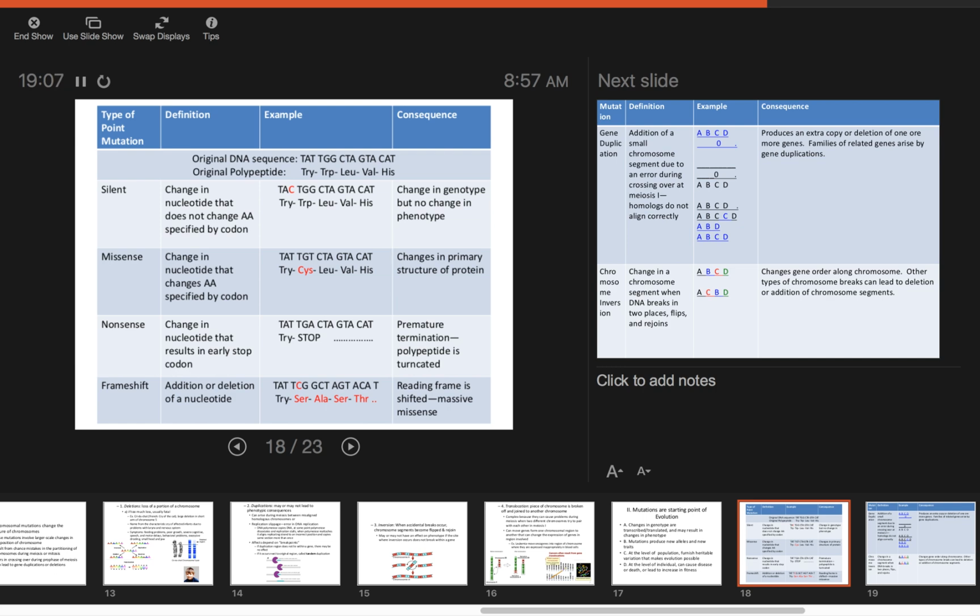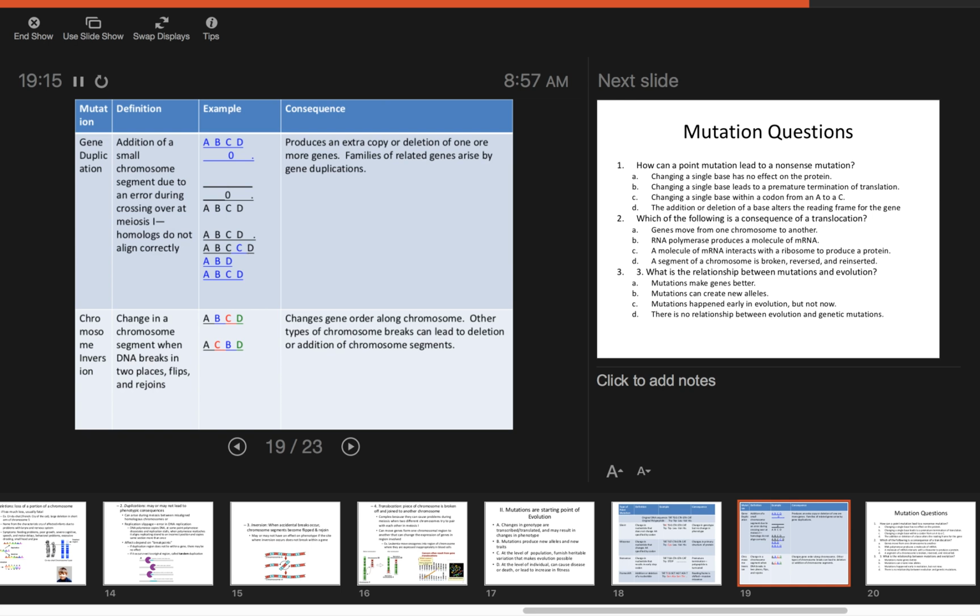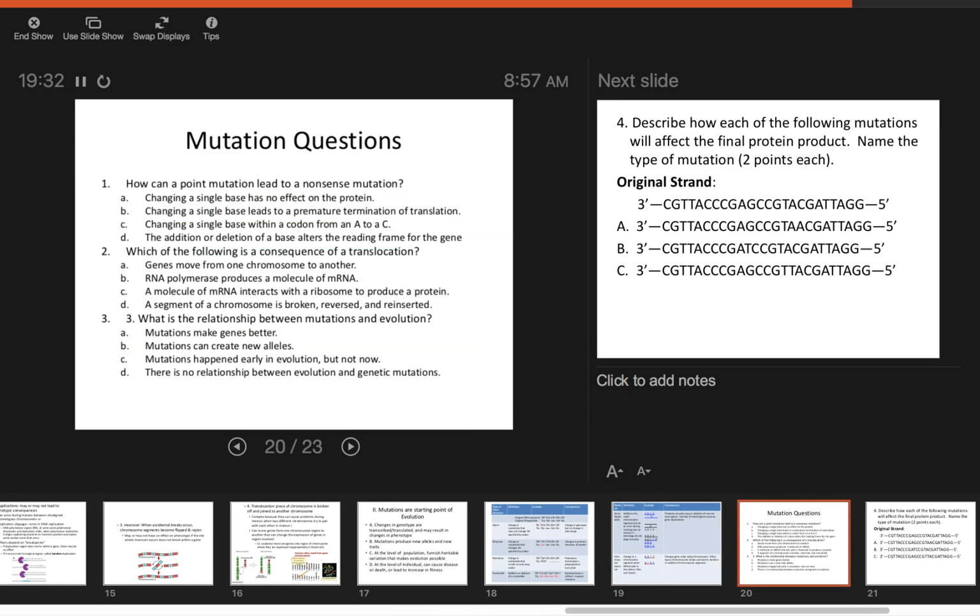Nonsense means you get a stop codon, and then a frameshift is an insertion or deletion in the genome. We also talked about gene duplication, which means that things just get duplicated over and over and over, so you can get Huntington's disease. And then chromosomal inversions, where it breaks and it flips. So it's just a nice little summary of the mutations we've talked about.